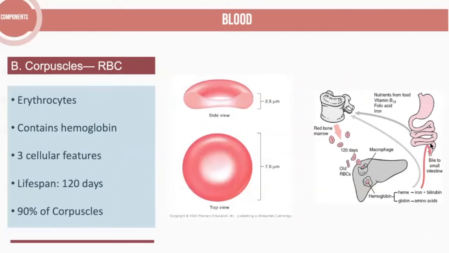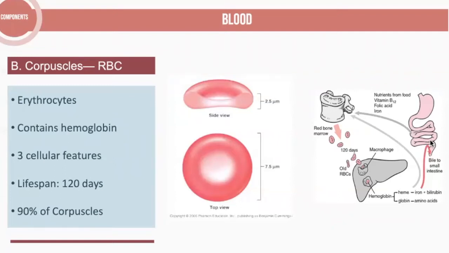And urobilinogen, when it's excreted through the large intestine, will eventually be converted to stercobilin. And this stercobilin actually imparts the yellowish to brownish color to the feces. Okay, so some of the urobilinogen will actually be reabsorbed and will be excreted in the kidneys instead.